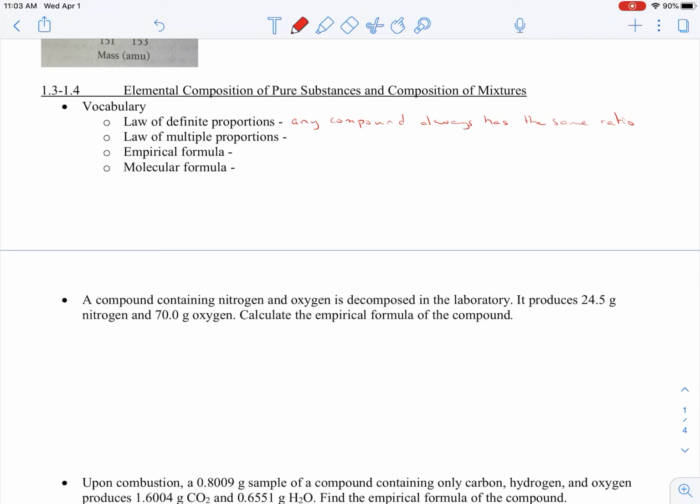All right, our law of multiple proportions says that we have compounds, but they can have different proportions within them. So sometimes carbon can be with oxygen in the form of carbon dioxide or in the form of carbon monoxide, if that makes sense. So we can have different compounds with different ratios.